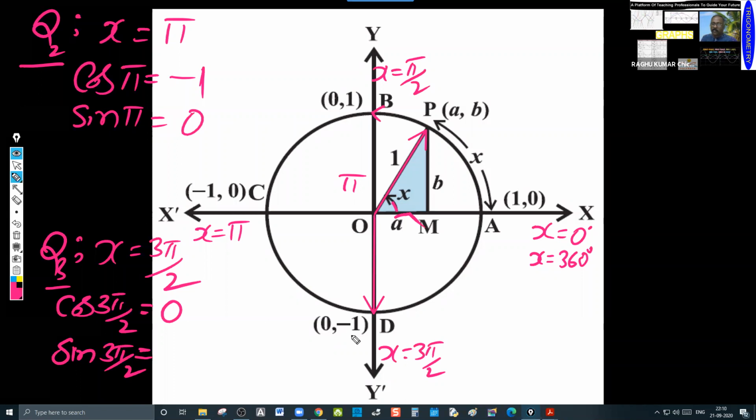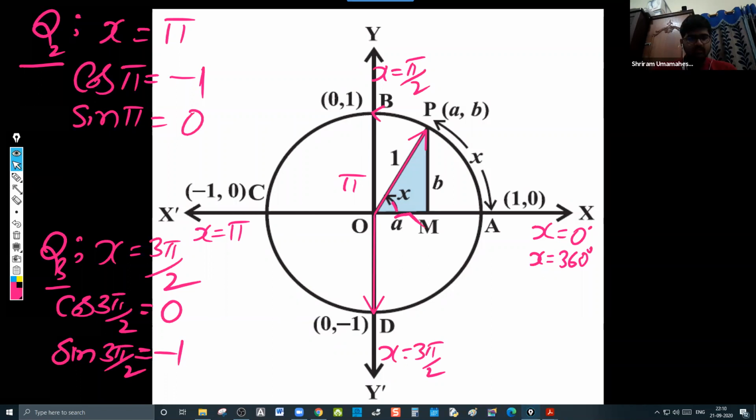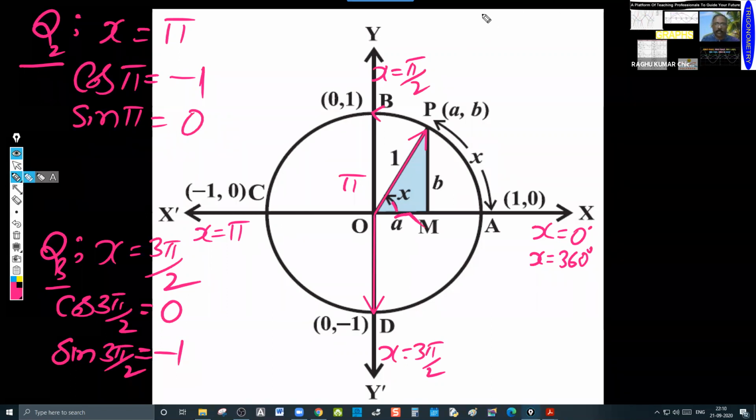The vertical component is y, which is sine. Y is nothing but -1. So sin 3 pi by 2 is -1. That's good. Similarly, let us go to Q4, quadrant 4, and understand that.